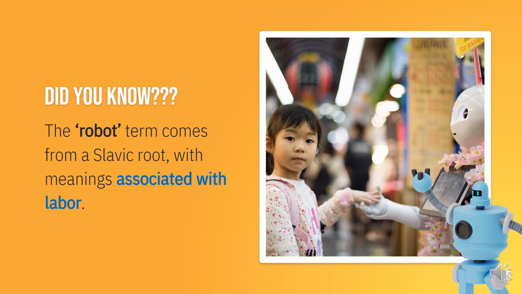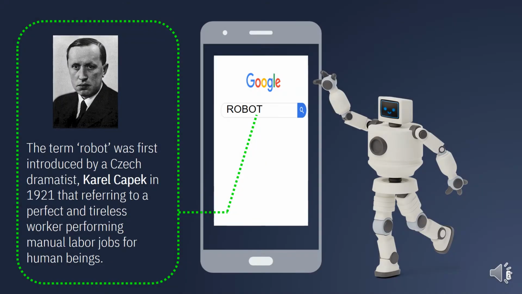The term robot actually comes from a Slavic language, meaning associated with labor. From this term, we have some hint that robot and labor are interrelated. The term robot was used for the first time in 1921.